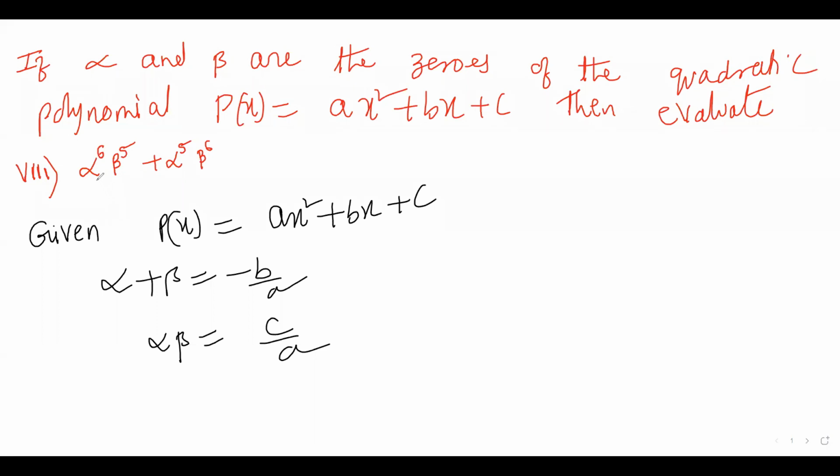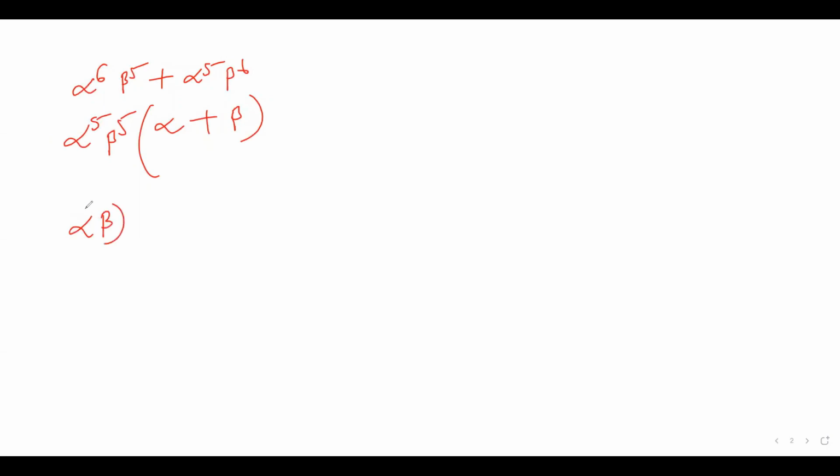The next problem is alpha power 6 beta power 5 plus alpha power 5 beta power 6. Let's take the question. Alpha power 6 beta power 5, alpha power 5 beta power 6. Let us take common. Alpha power 5 beta power 5 is taken as common. Alpha plus beta will remain inside. You can write alpha beta whole power 5 into alpha plus beta. This is product of the zeros. This is sum of the zeros.